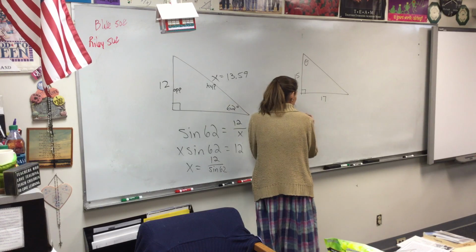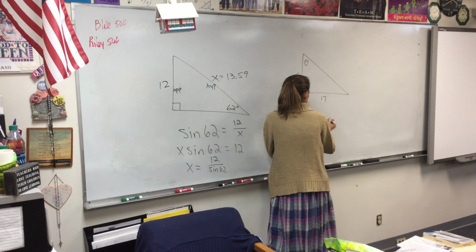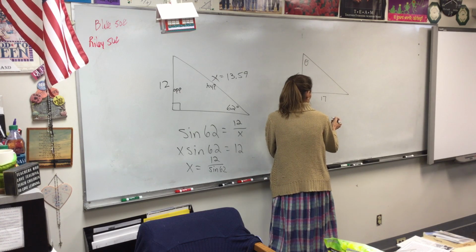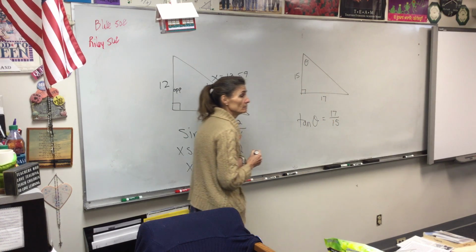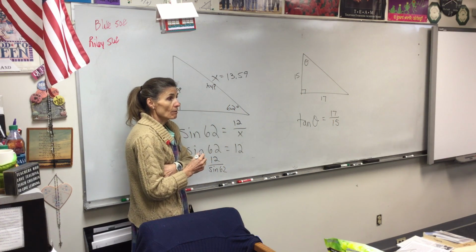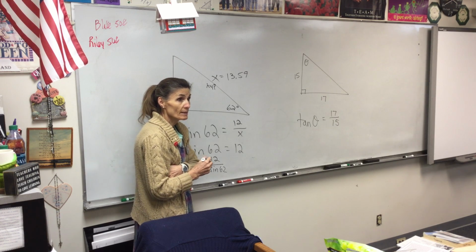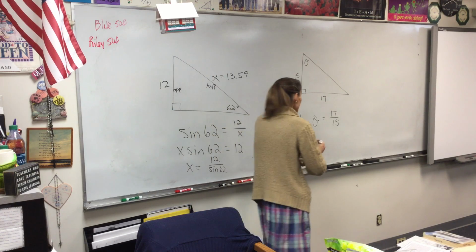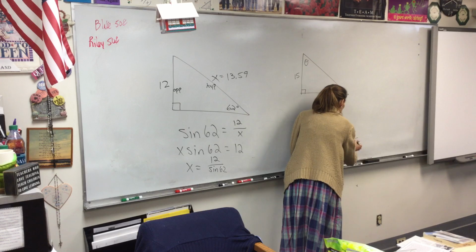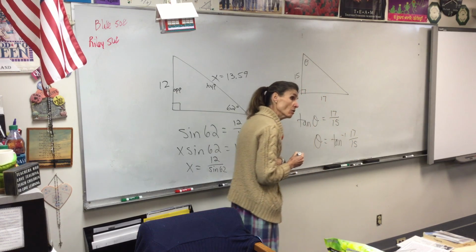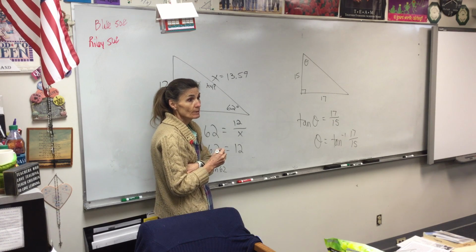So tan theta equals 17 over 15. Now remember that button you wanted to press a while ago, Trevor? Negative 1. Yeah, remember that? That is the button you press now. If you are looking for an angle, that's the button that you press.